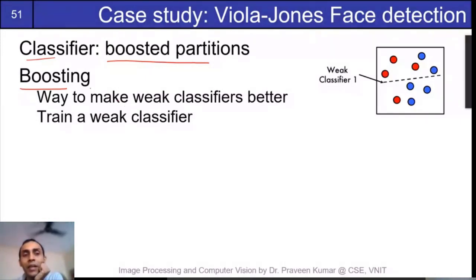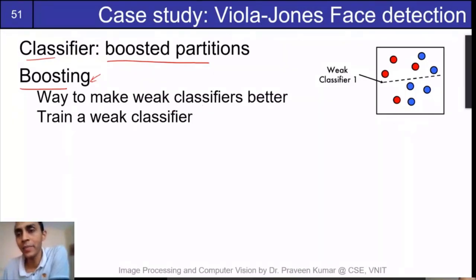Boosting is a popular machine learning technique which they actually used. It's not that they invented it. It was a method used in machine learning. It's basically a method to make weak classifiers into a strong classifier.